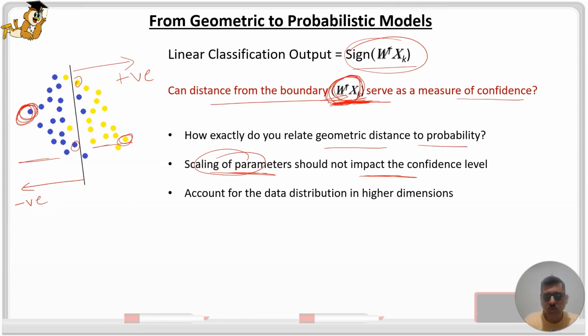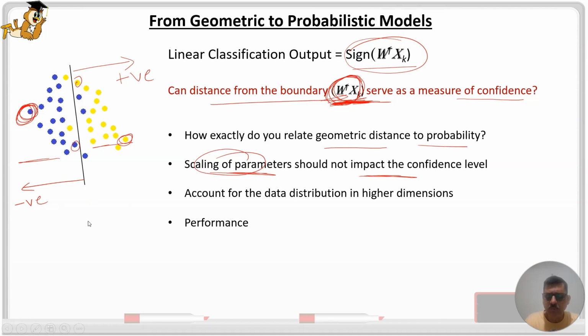Now what that would do is that the overall distance would increase, and that would distort the level of confidence if you were mapping the distance to the level of confidence, right? So you want to make sure that the way the data is distributed in higher dimensions should not unduly impact the level of confidence, which it would if you directly map the distance to the confidence level.